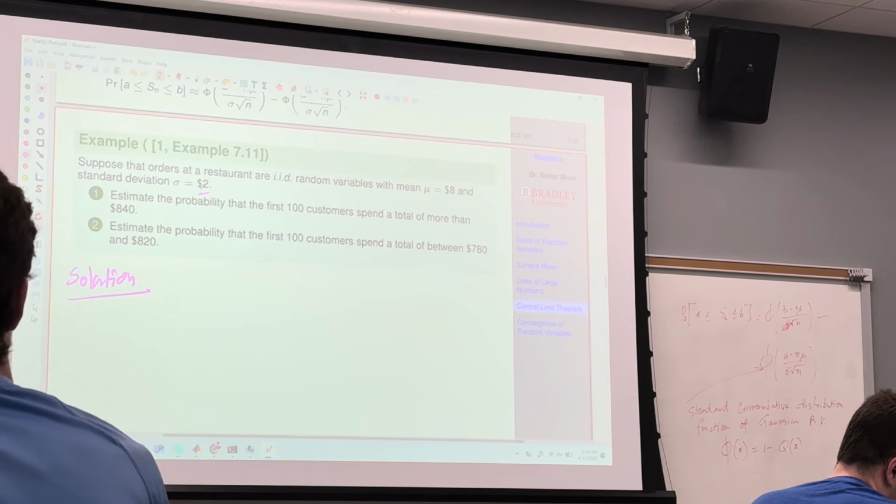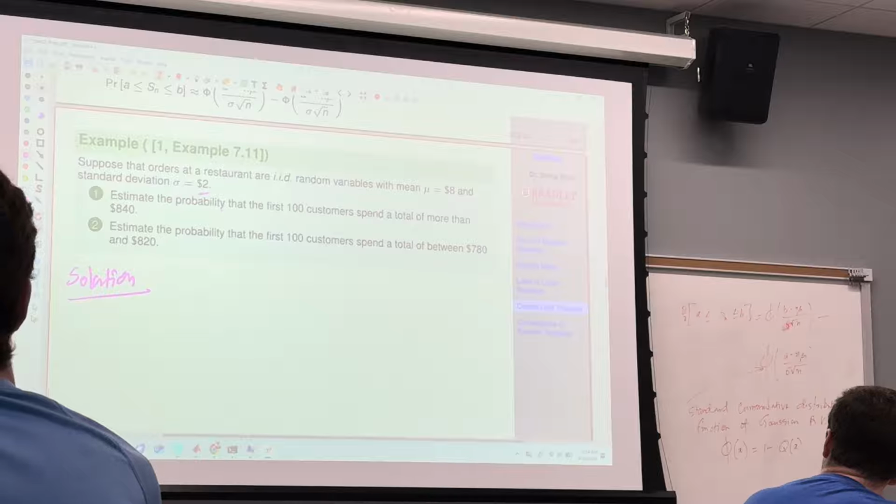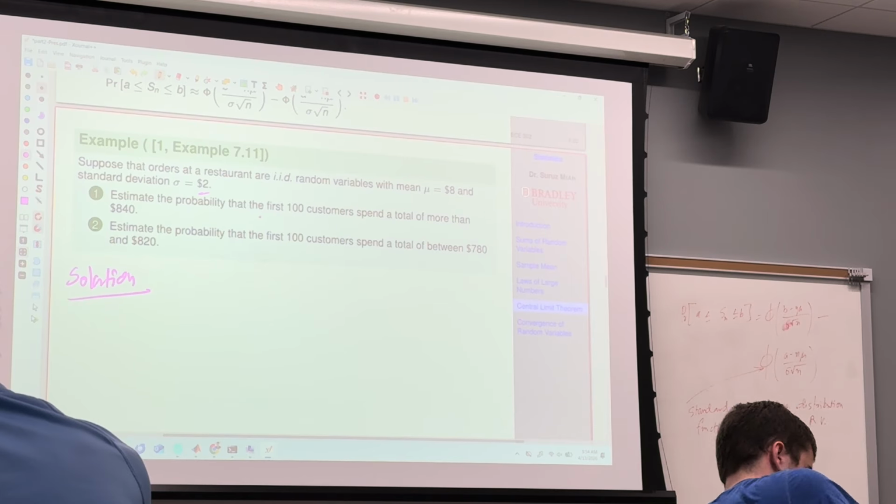The first problem says: estimate the probability that the first 100 customers spend a total of more than $840. Solution, step 1.